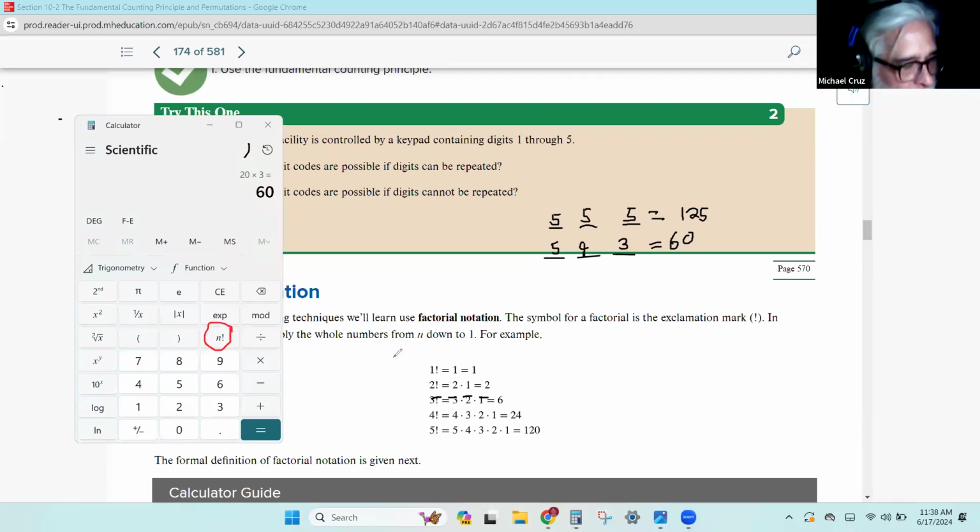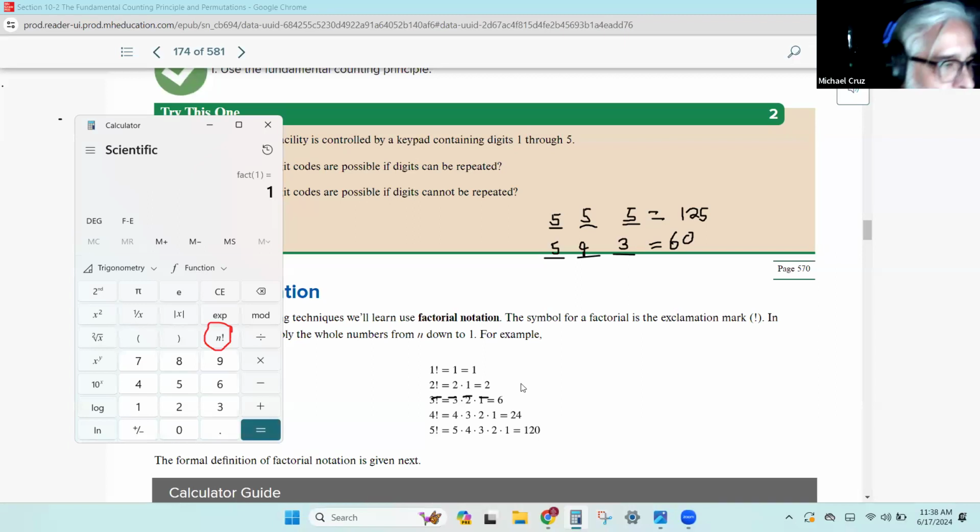That's called the factorial key. What that means is essentially whatever number you put in for n. Let's say we put in 1 and hit that key.